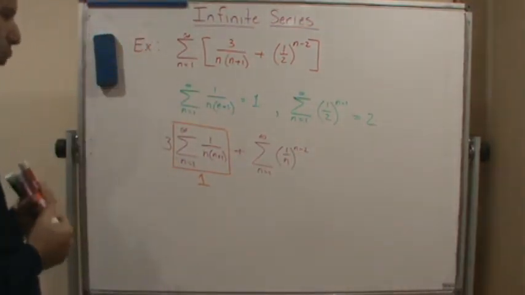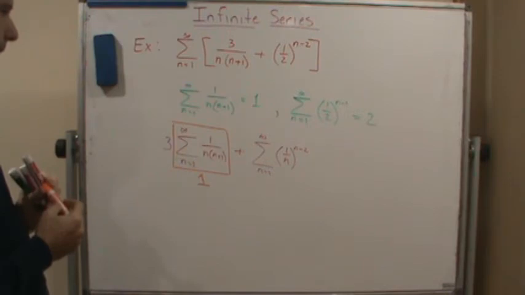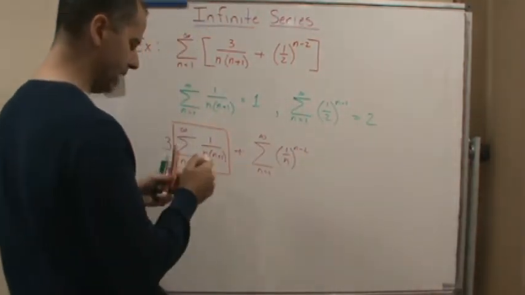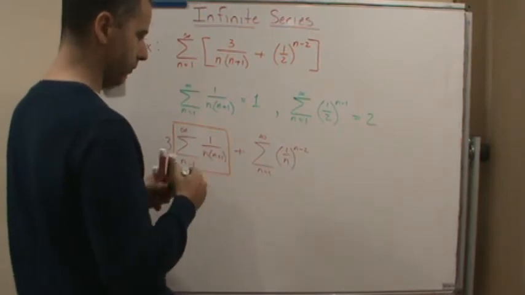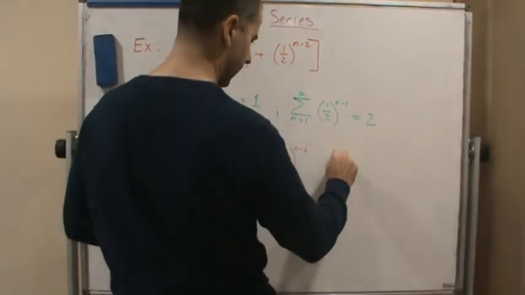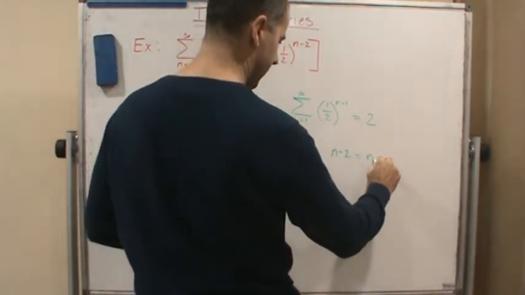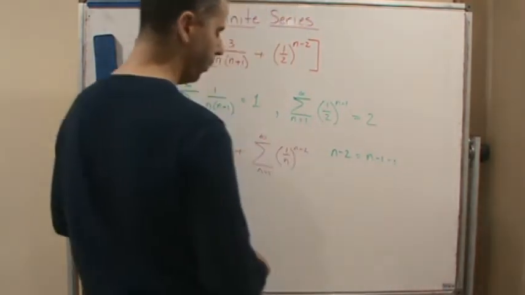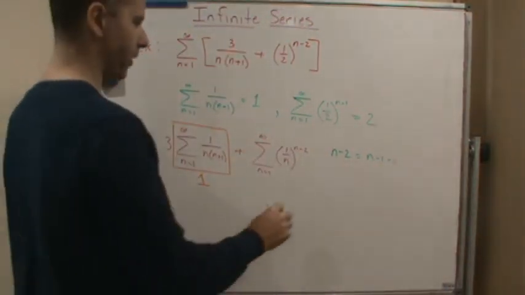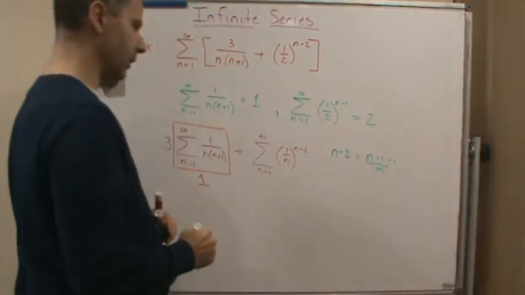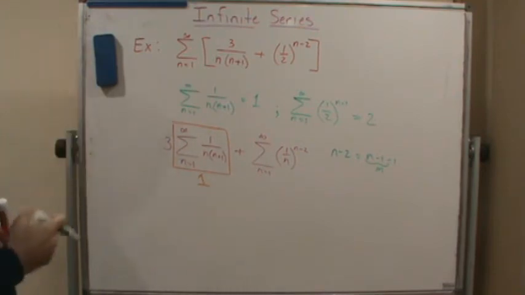So if I have n minus 2, and I want to rewrite this as, let's say, n minus 1 minus 1, well, I can write n minus 1 as m, right?